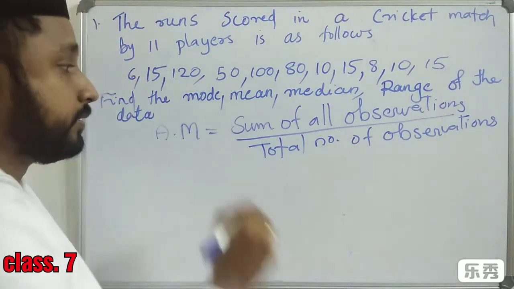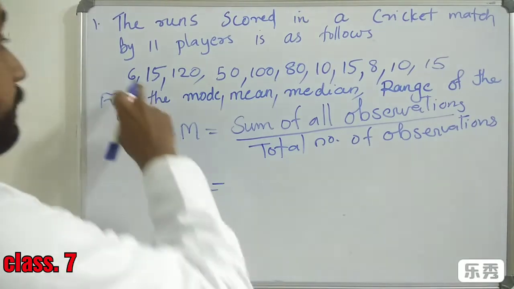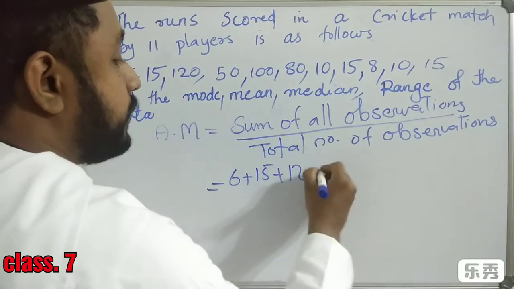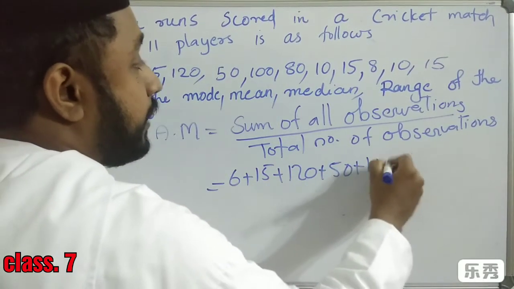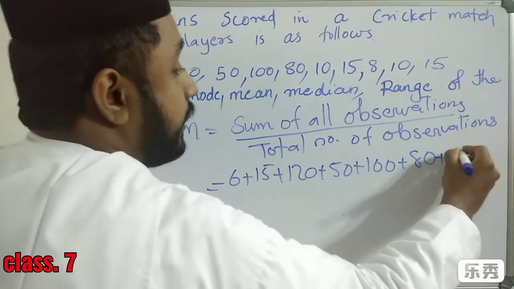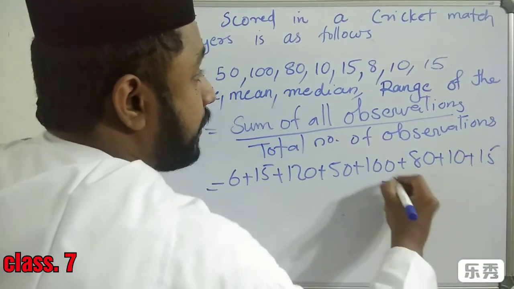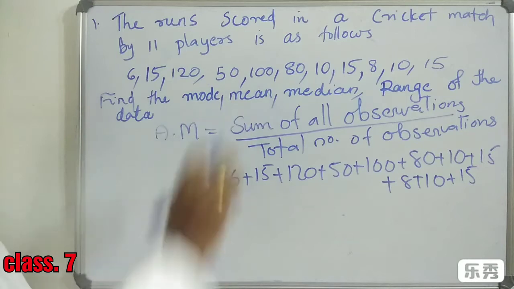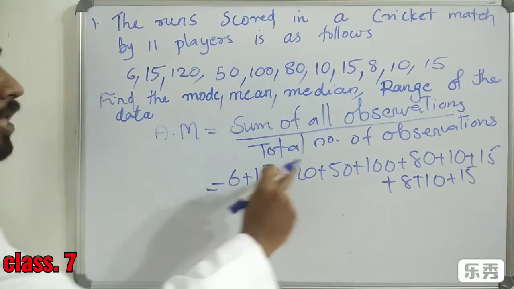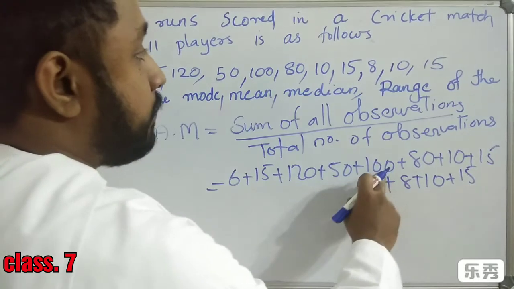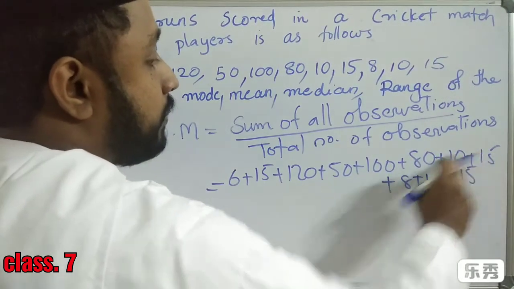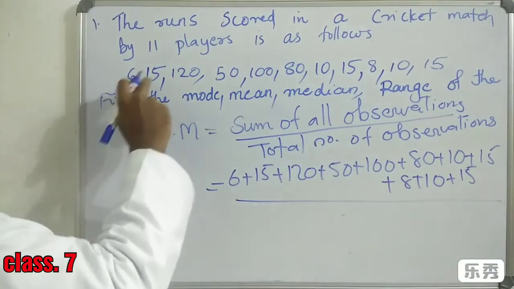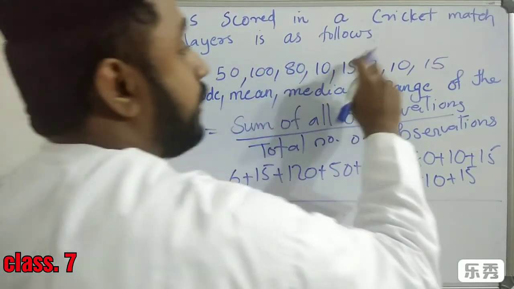Sum of all observations means 6 plus 15 plus 120 plus 50 plus 100 plus 80 plus 10 plus 15 plus 8 plus 10 plus 15, divided by the number of observations: 1, 2, 3, 4, 5, 6, 7, 8, 9, 10, 11.